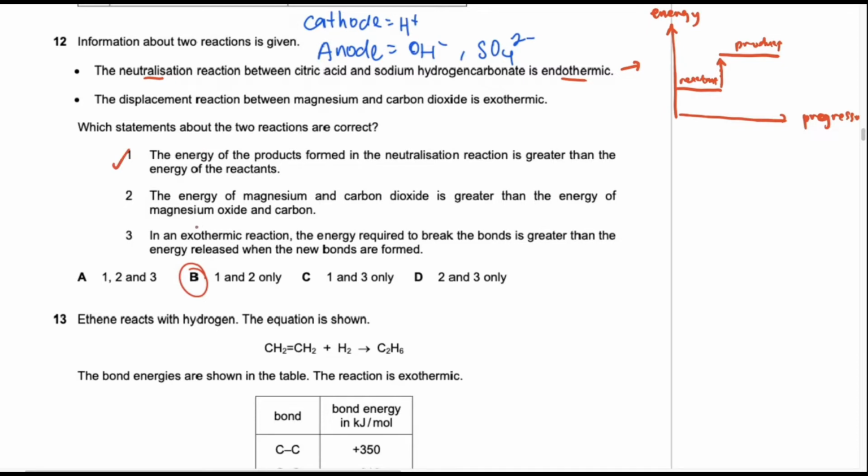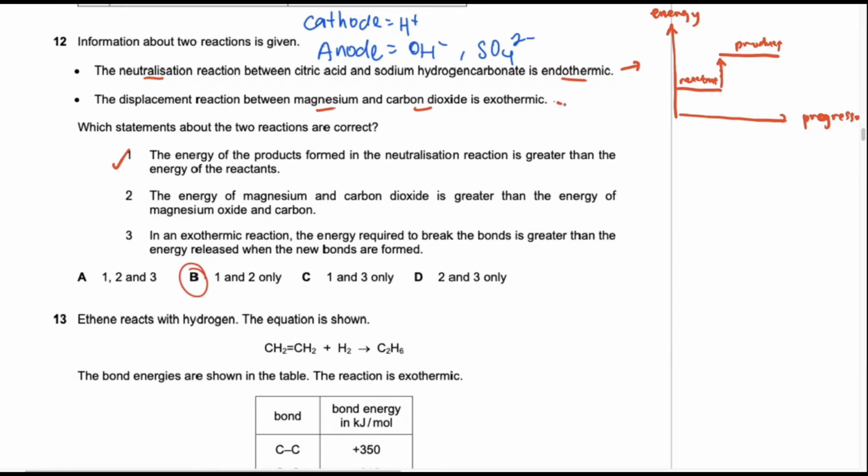The next statement: the energy of magnesium and carbon dioxide. When I say magnesium and carbon dioxide, it refers to the exothermic reaction. The energy of magnesium and carbon dioxide is greater than the energy of magnesium oxide and carbon.